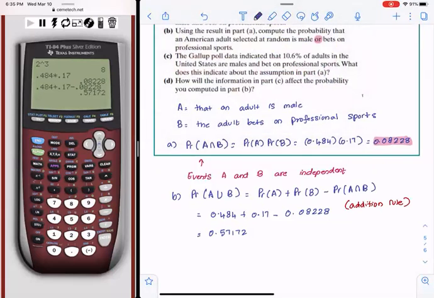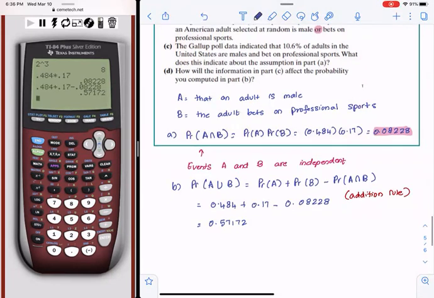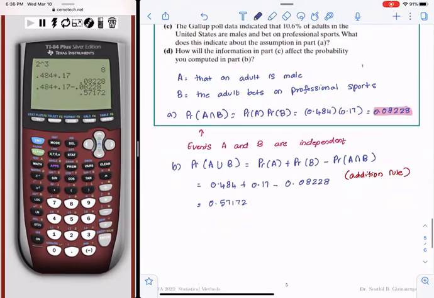So part C, the Gallup poll data indicated that 10.6% of adults in the United States are males and bet on professional sports. What does indicate about the assumption in part A? So part A, the probability was 0.08228. So now they're saying, well, according to the poll, probability of A and B turns out to be 0.106.